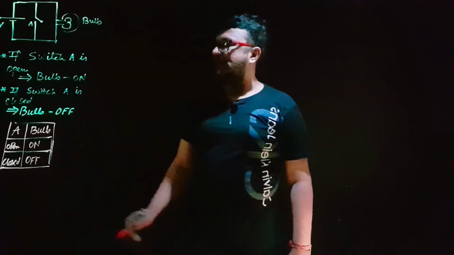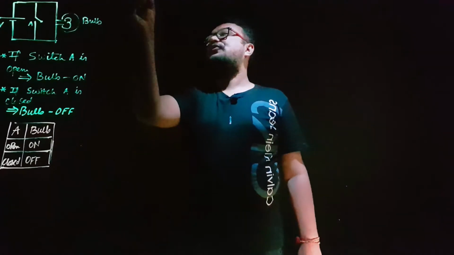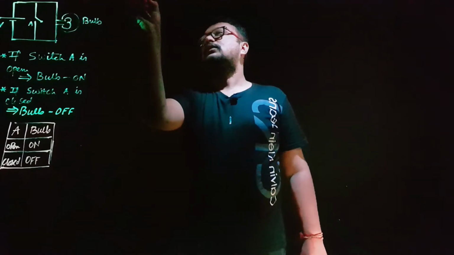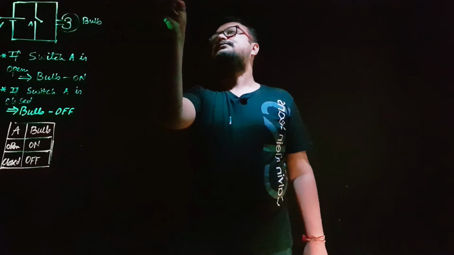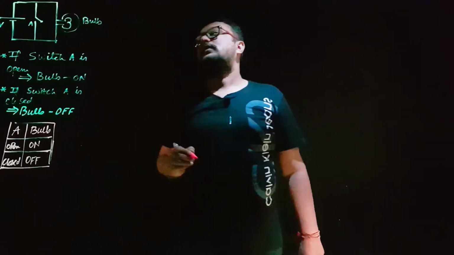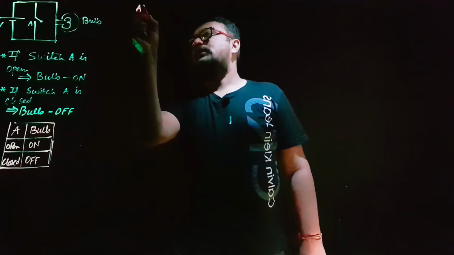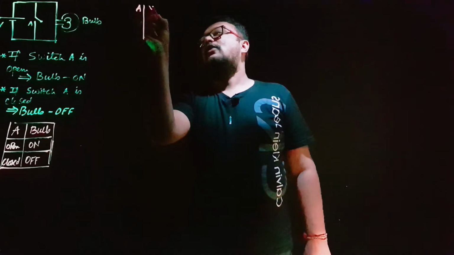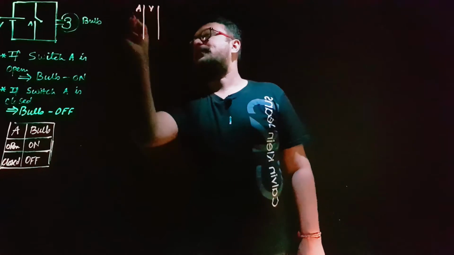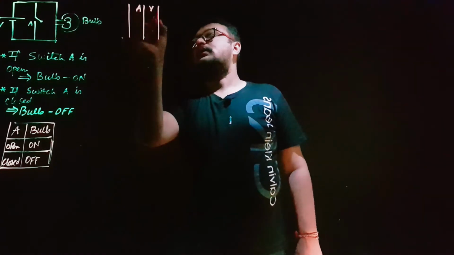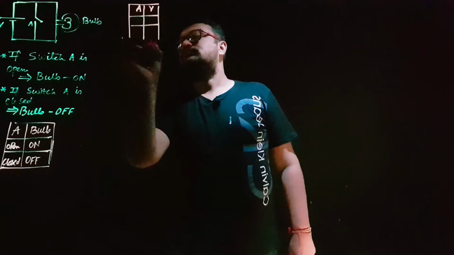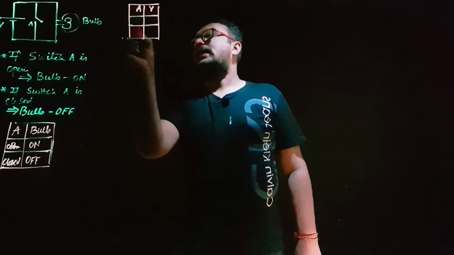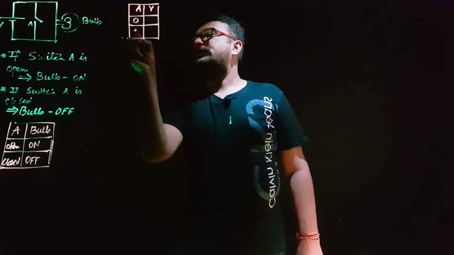So if you represent this in the form of a truth table, then we have input A and output Y. Either A is open or it is closed.